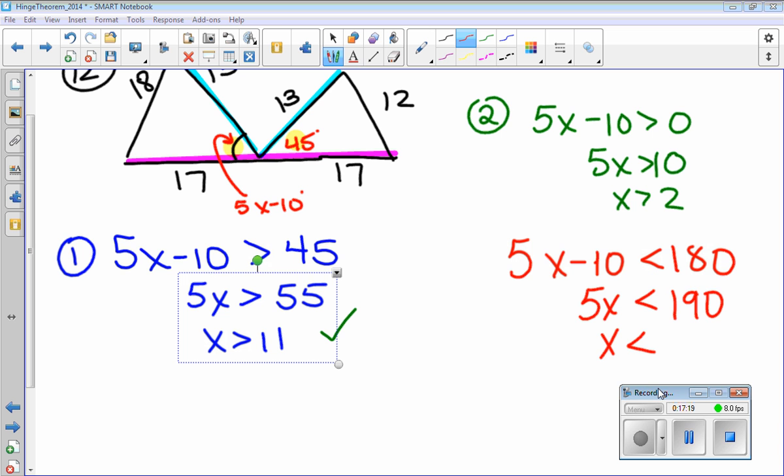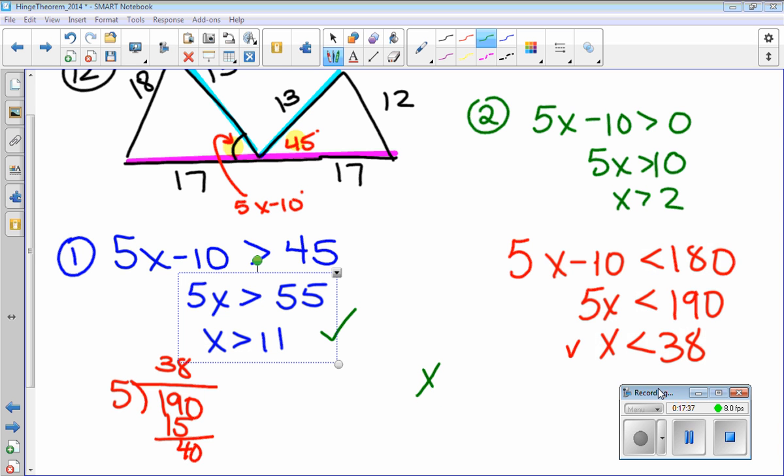Do a little math over here if we need to. I promise you calculators come eventually. Right there. I got 38. Did you look at that? So I have x is less than 38 and x is greater than 11. So the actual inequality looks like this. Greater than 11 and less than 38. Okay?